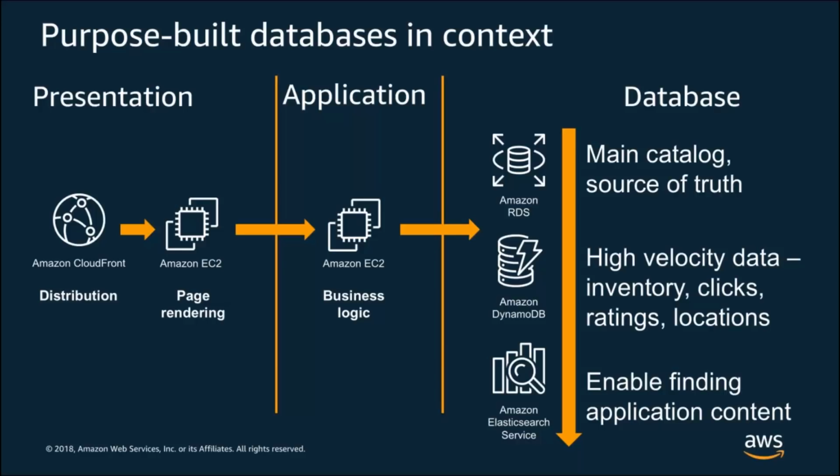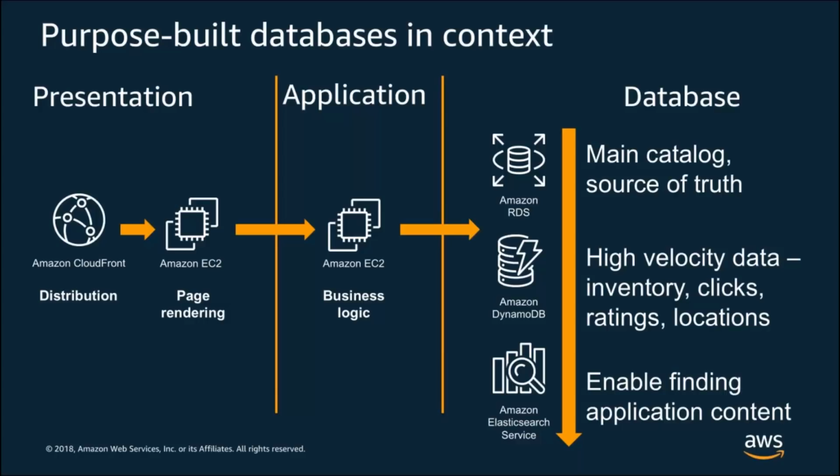We then have a middle tier with business logic, again, potentially on EC2. There are a number of different ways we could do this. Again, it's just a straw man. And then we have our data layer. And generally speaking, data flows vertically from top to bottom. Again, it's a straw man, so bear with me here.